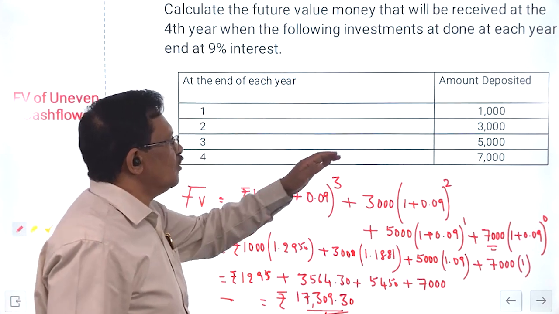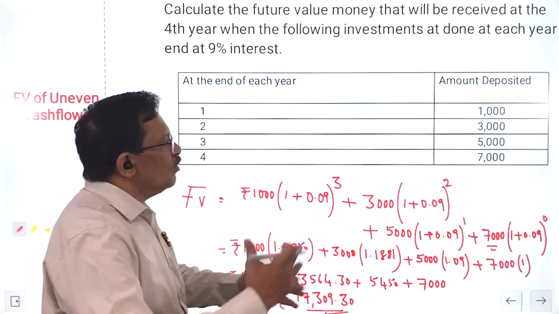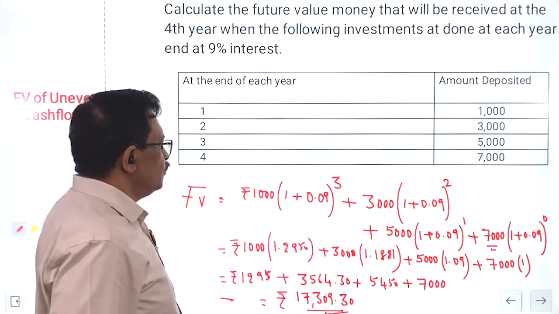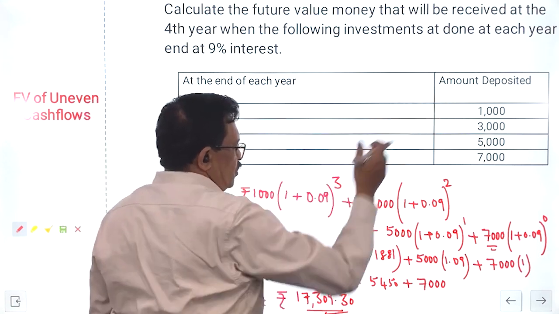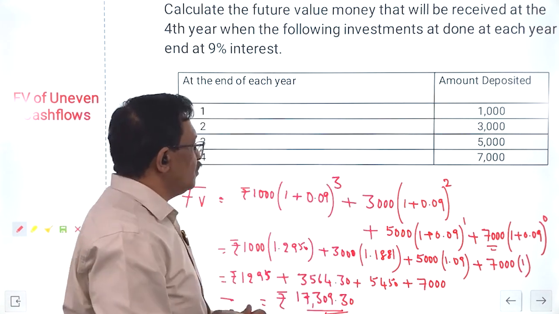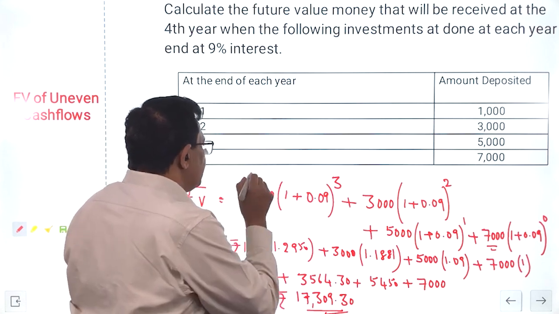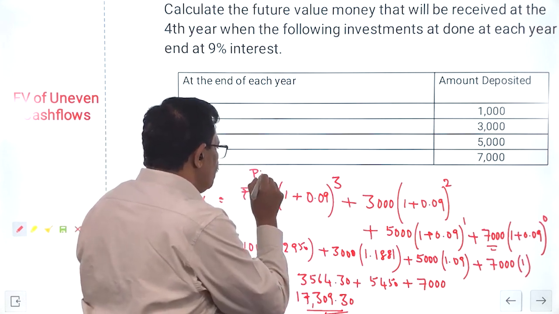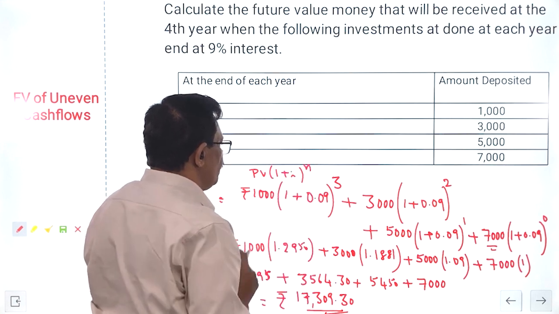So let me repeat how we are solving this problem. When uneven cash outflows are given, to find the future value, we individually calculate the future value of the first amount, the future value of the second amount, and so on. We know it is present value into 1 plus i whole to the power of n.